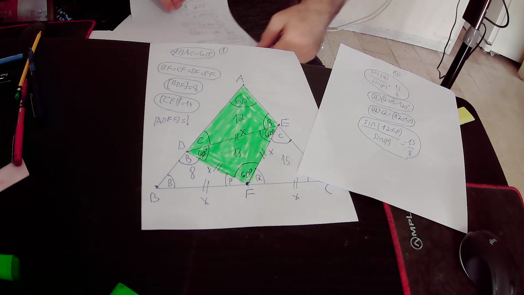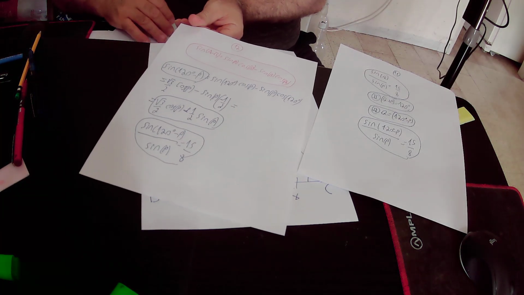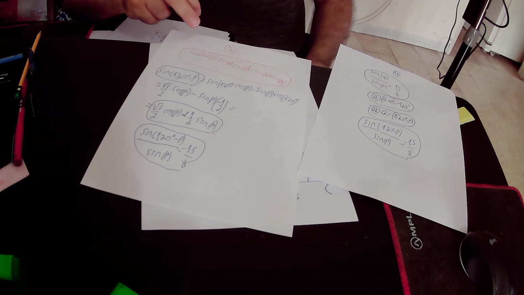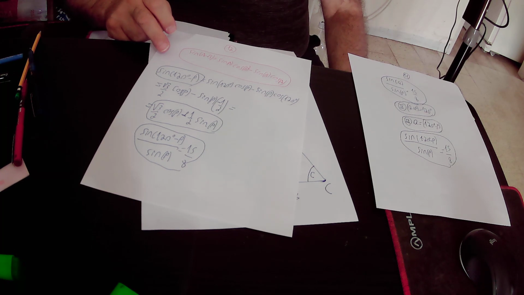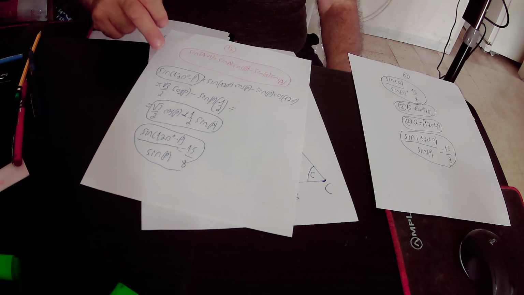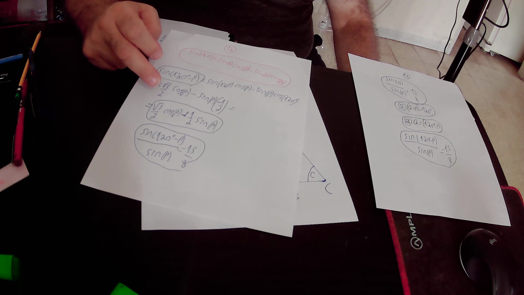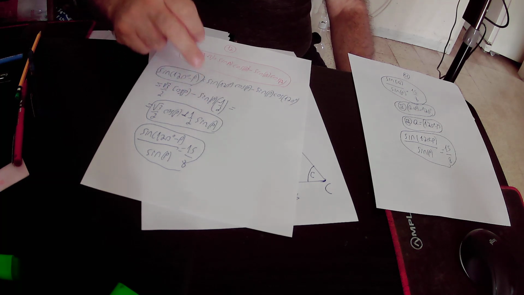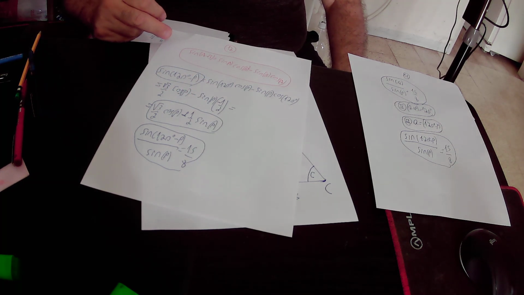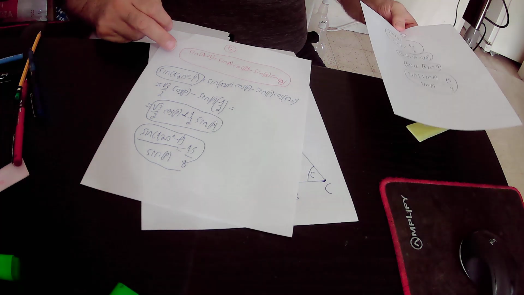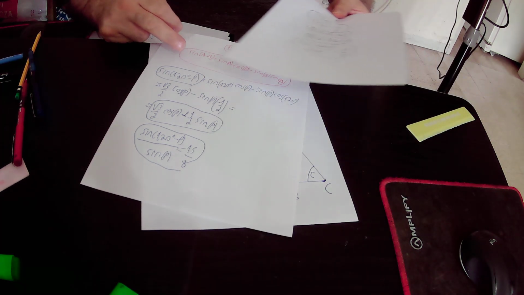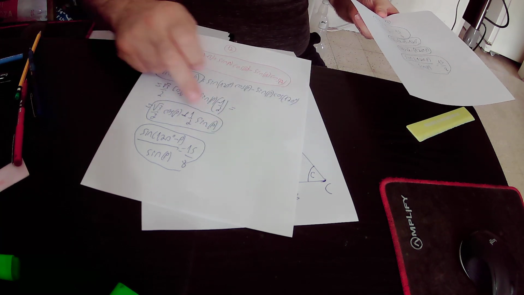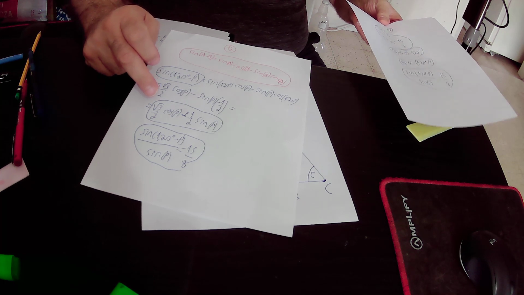So sine (A minus B) equals sine A times cosine B minus sine B times cosine A. We use this identity, and we found out that sine (120 degrees minus P) equals 3 over 2 times cosine P plus 1 over 2 times sine P. So we substituted sine (120 degrees minus P) in this equality by this expression.